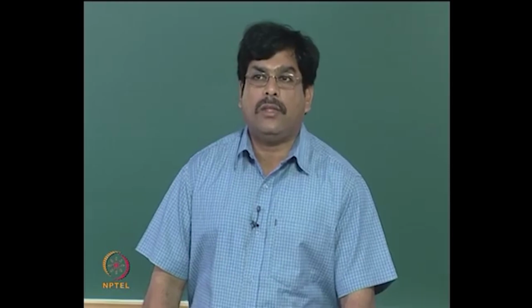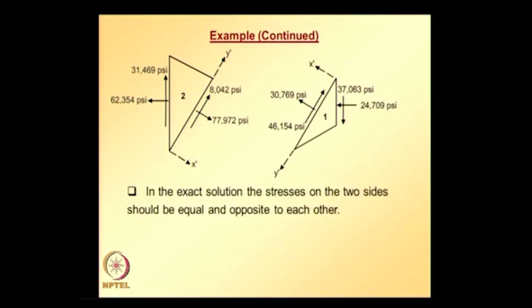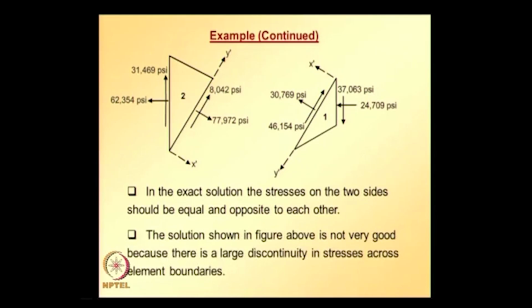All these values are put side by side to see whether they are matching or not. In the exact solution, stresses on two sides should be equal and opposite to each other. The solution that we obtained is not very good, because there is a large discontinuity in stresses across the element boundaries, that is, normal stress values are not matching, and tangential stress components are not matching either.